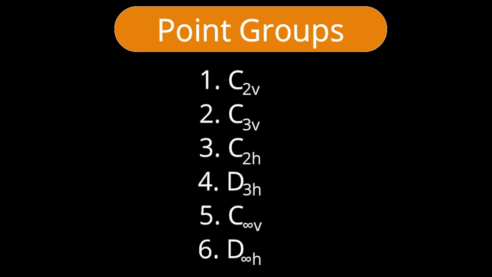The point groups which are in your syllabus are C2V, C3V, C2H, D3H, C infinity V, D infinity H. So among these C and D category with vertical and horizontal planes, point groups are included in your syllabus. Dihedral plane is not included, but I had informed to you what is that dihedral plane.